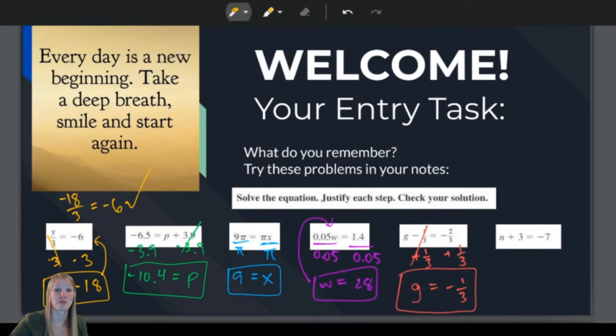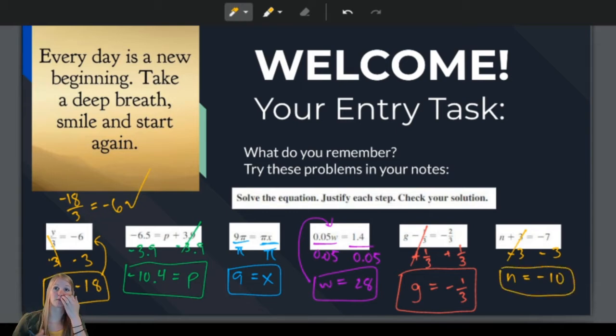And hey, if I'm wrong, put it in the comments. Every once in a while you make mistakes, and mistakes are fine because it makes your brain grow. So hey, if I'm ever wrong, put it in the comments. Right, n plus 3, opposite of plus is minus. So we have n equals -7 minus 3 is negative 10.